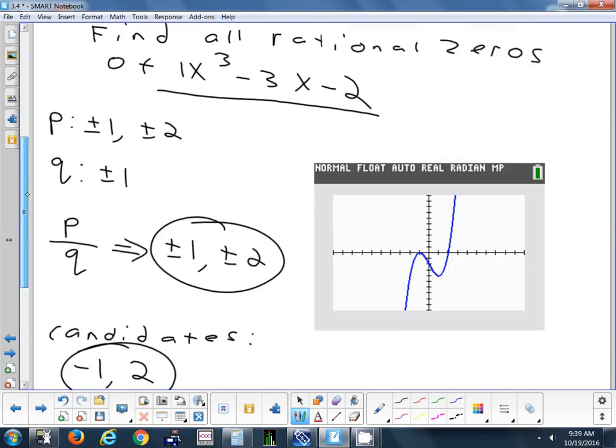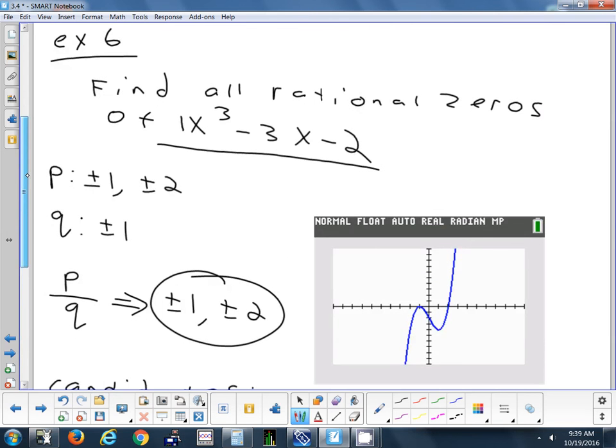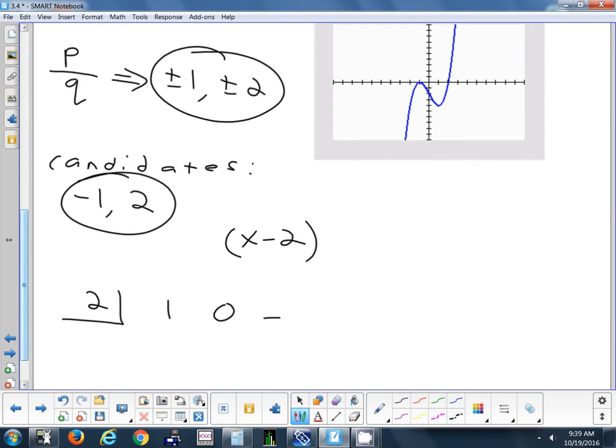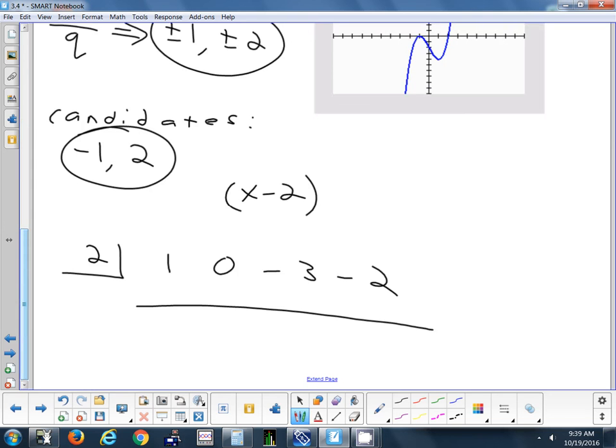All right, so I need 1, 0, negative 3, negative 2. Okay, bring down the 1. What's 2 times 1? 2. 0 plus 2? 2. 2 times 2? 4. Negative 3 plus 4? 1. 2 times 1? 2. And negative 2 plus 2? 0.